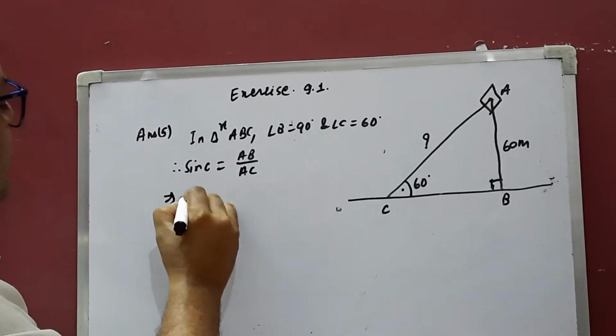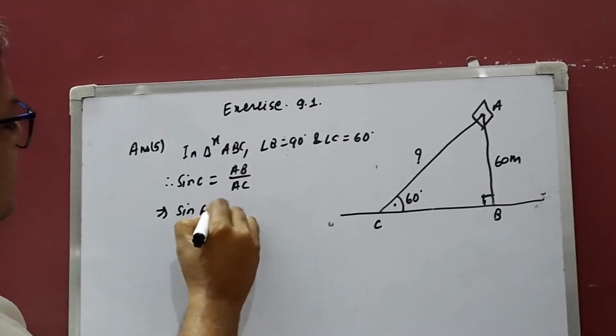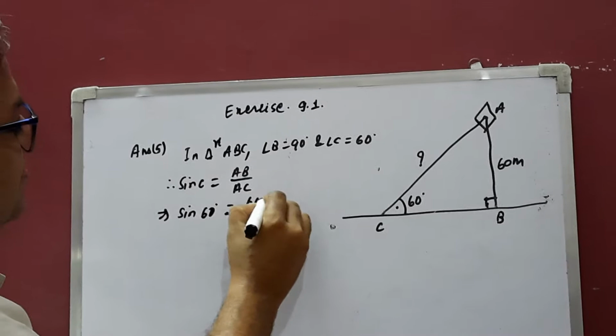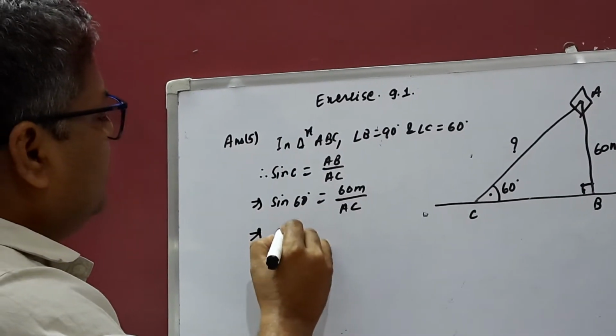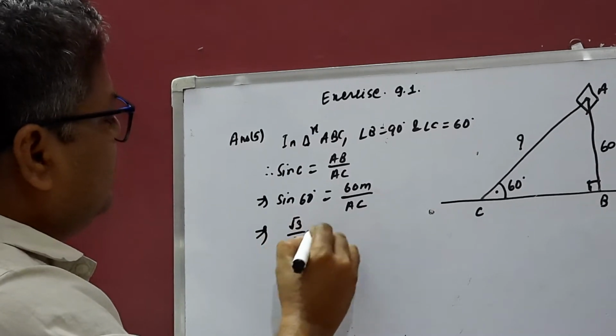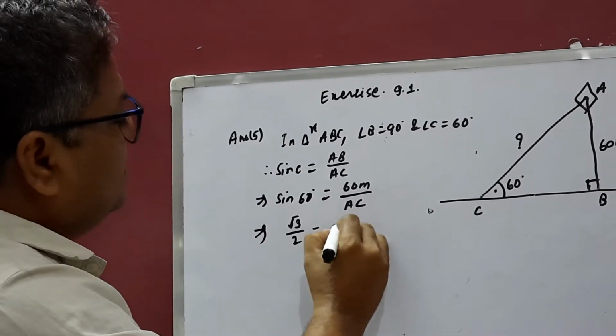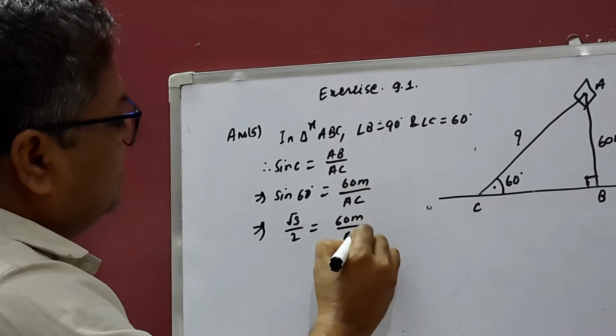What is the value of AB? AC, sorry, sine 60 degree, and AB, this is 60 meter and this is AC. Substitute the value of sine 60 degree, which is root 3 by 2, equals 60 meter by AC.